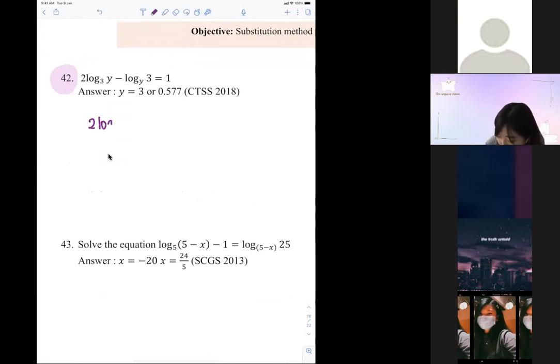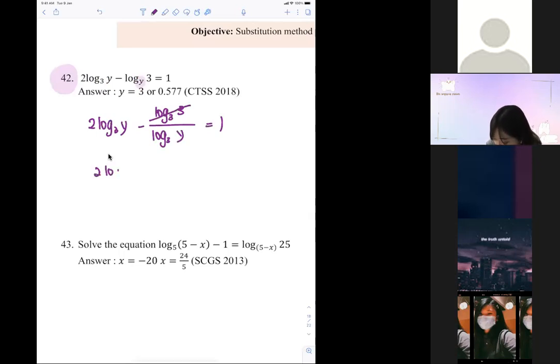So you have 2 log 3y minus, okay? You got base 3, you got base y. One of it must change so that the base is the same. Let's say I change base y to base 3. So log 3 over log 3y, 3 on top, y below, equals to 1. Then log 3 is 1, so no more.